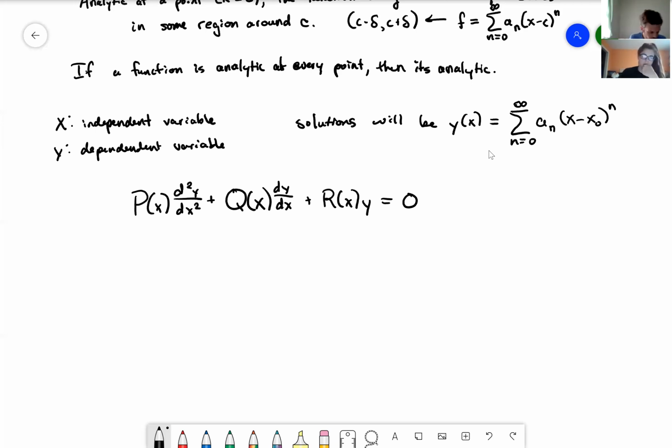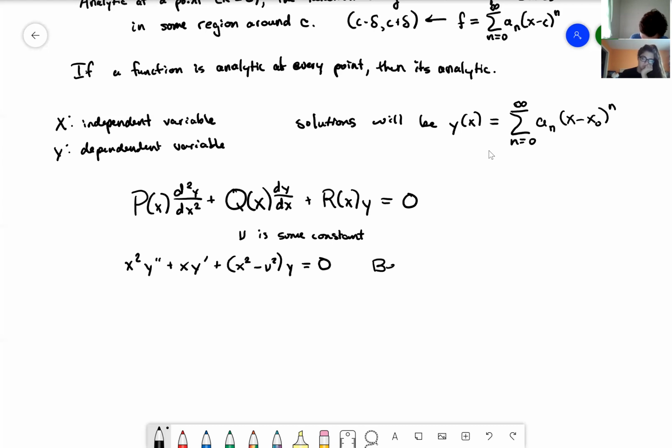Now, in mathematical physics, a lot of different situations lead to certain differential equations that turn out to be very useful in a wide variety of circumstances. So just a few examples. x squared y double prime plus x y prime plus (x squared minus nu squared) y equals 0, where nu is some constant.